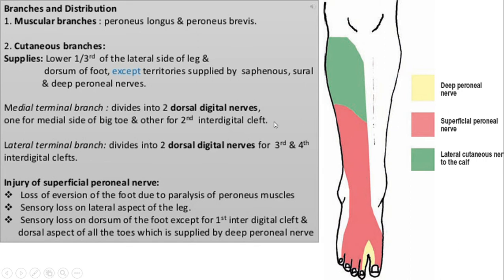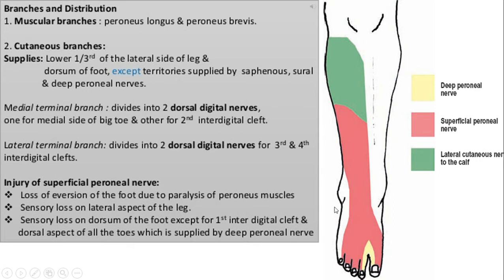The medial terminal cutaneous branch is going to divide into two digital nerves, one for the medial side of big toe here, and the second for the second interdigital cleft here. And then the lateral terminal branch is going to divide into two dorsal digital nerves again for the third and fourth interdigital clefts here, you can see.